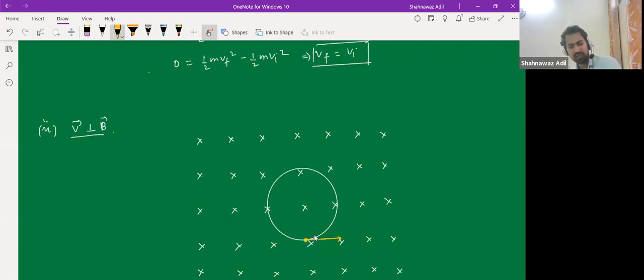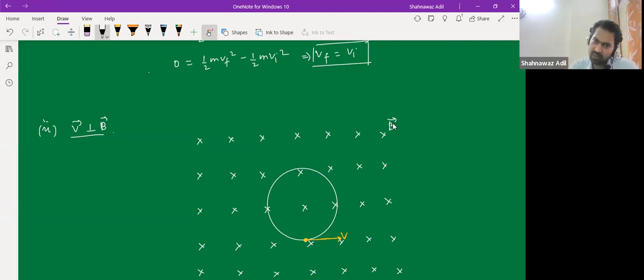So what is the angle between velocity and magnetic field, guys?